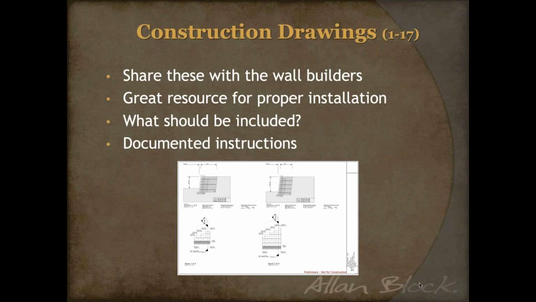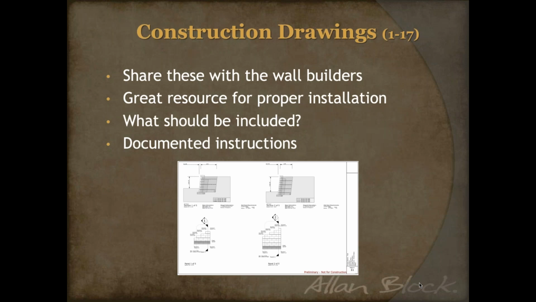So section 17 is all about the construction drawings. Construction drawings are super useful. The image here is actually from our AB Walls design software. AB Walls is a great example of this, because you have the opportunity to print off a shop drawing like the one shown here.